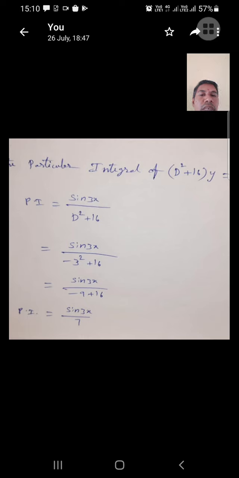Look here, PI equals, on the right side we have sin 3x, so sin 3x by, on the left side we have D square plus 16.